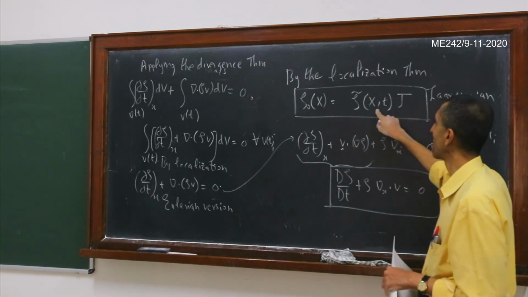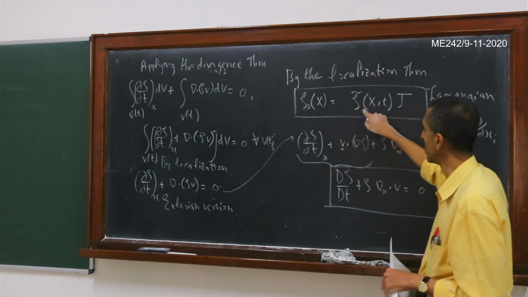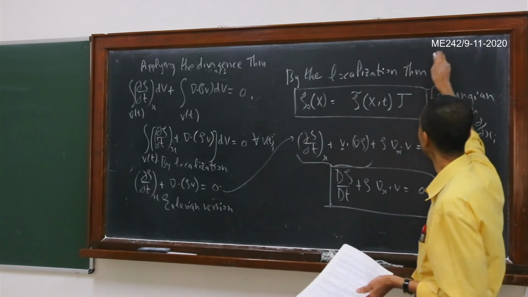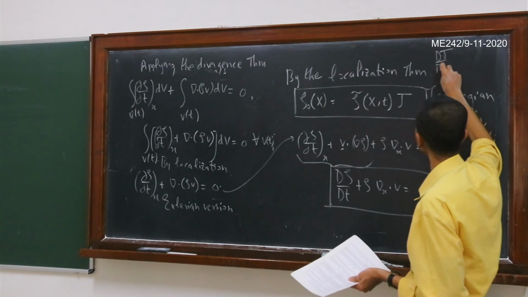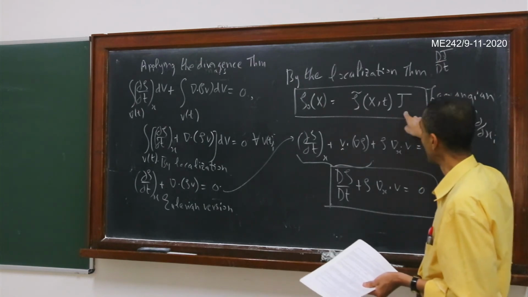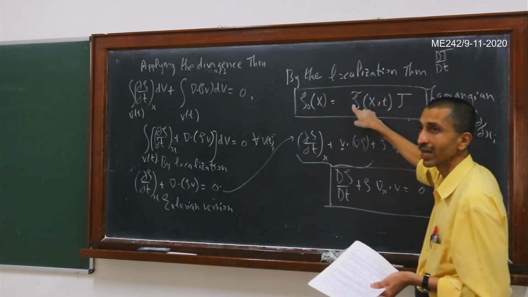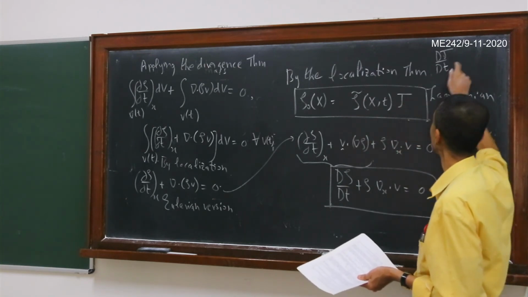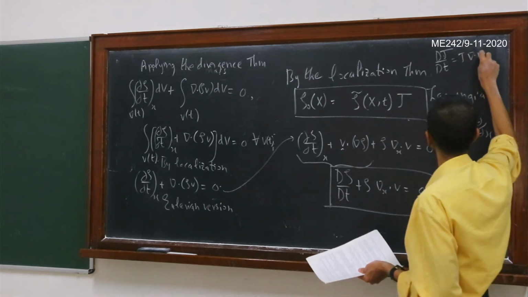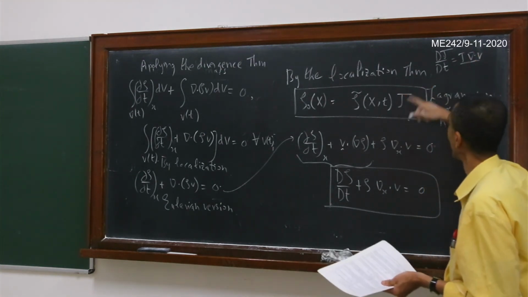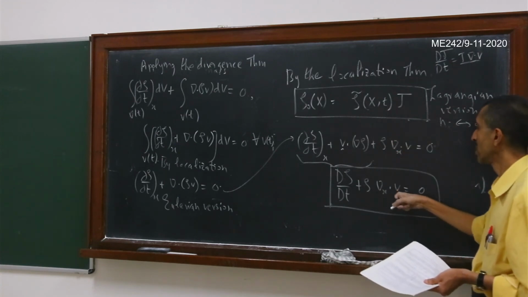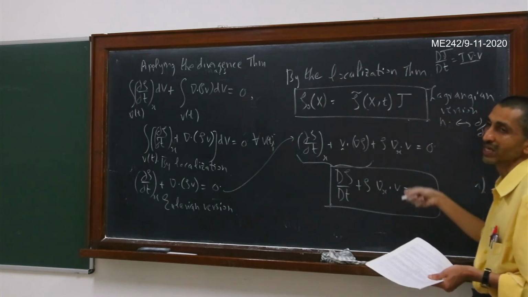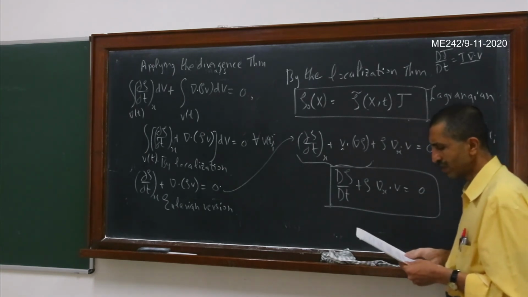Then you apply the product rule: rho tilde times del j by del t, keeping capital X fixed, which is the material derivative dj by dt, plus j times del rho by del t, keeping capital X fixed. And dj by dt is j del dot v. So try it and see if you get this particular equation by differentiating with respect to time.